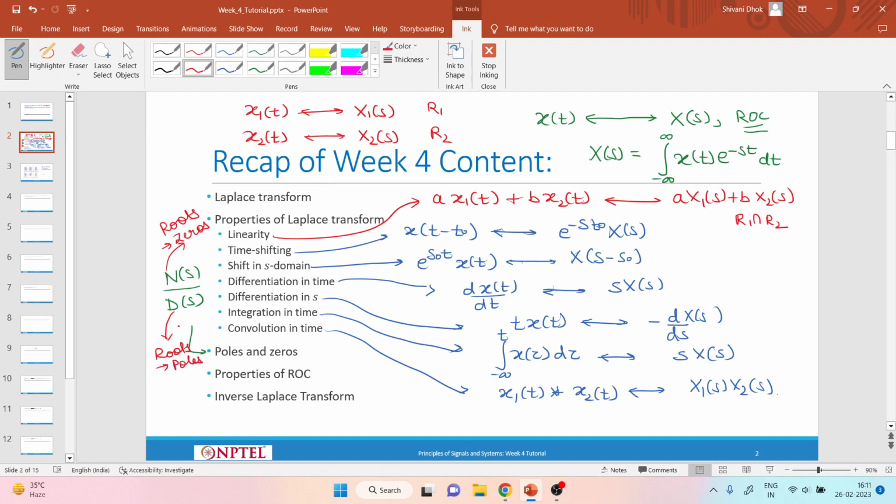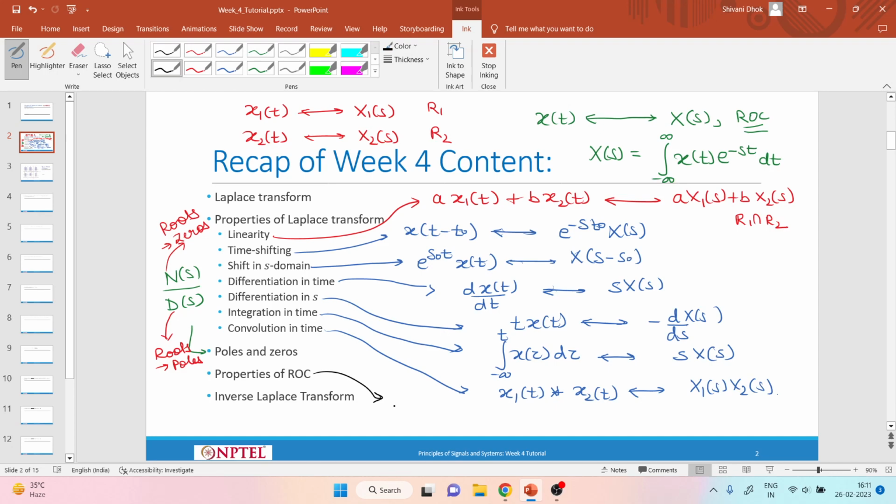Another thing that was discussed was properties of region of convergence. It was said that if I have a right hand sided signal, then my ROC will be to the right of the maximum real part of the pole.